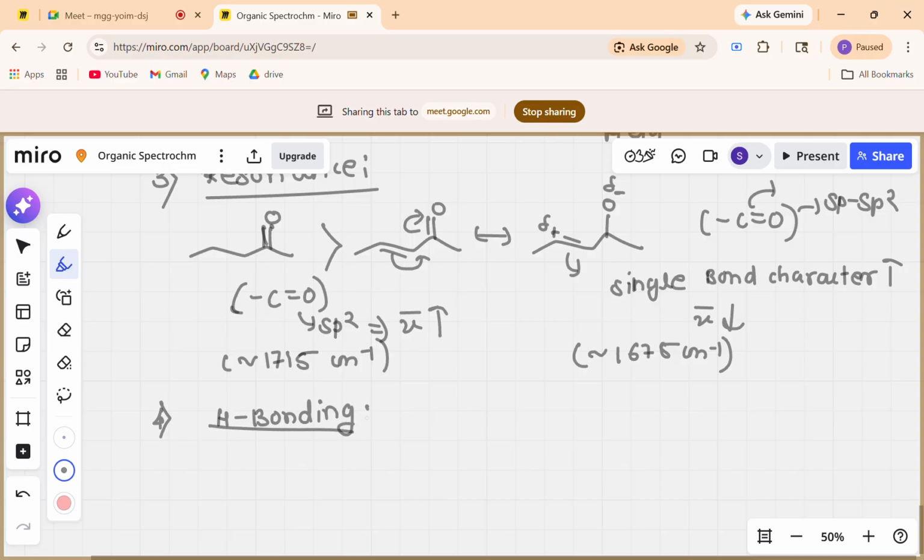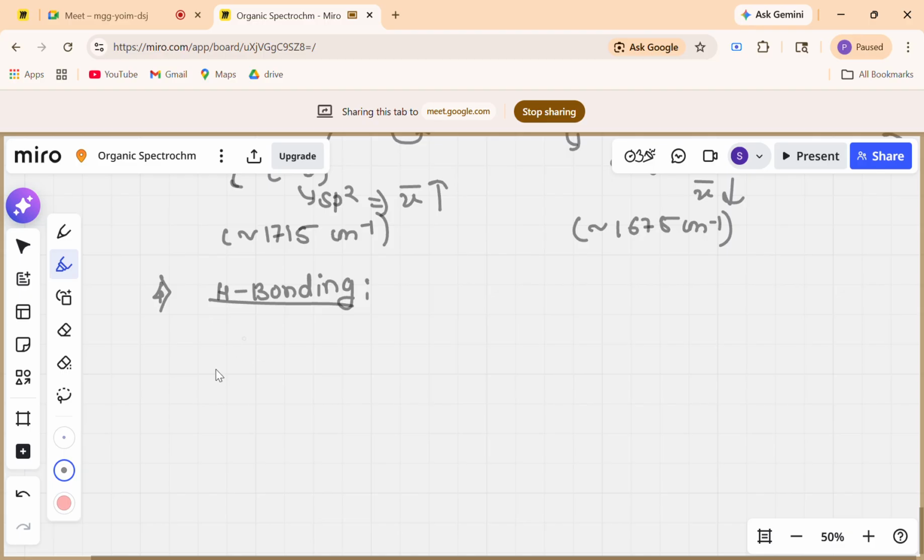Now the next factor is hydrogen bonding. So how does hydrogen bonding affect your IR spectra? For example, we are talking about the stretching frequency and the force constant here.